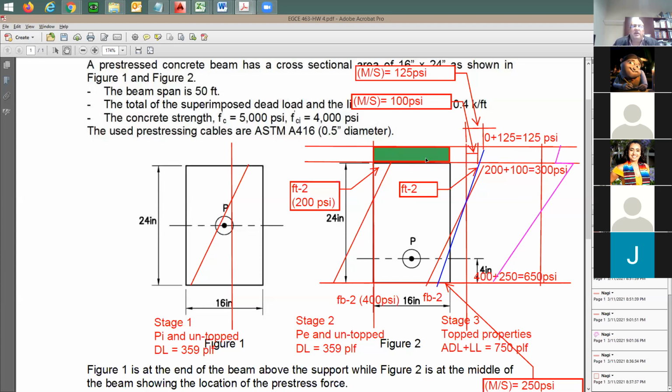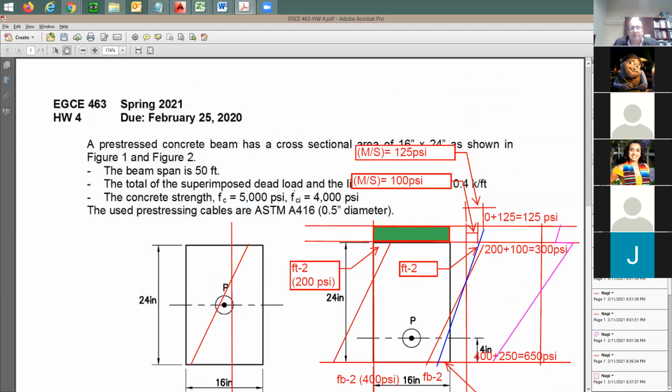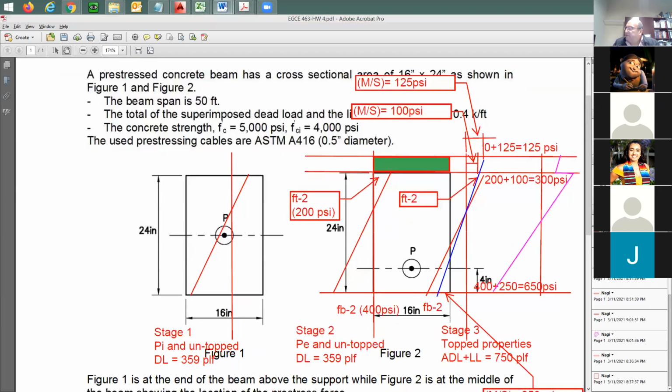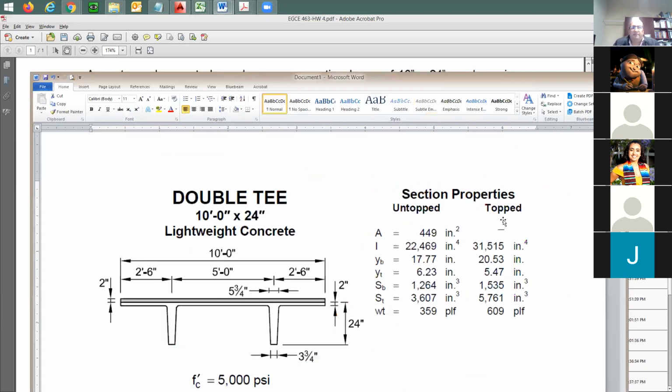Now you come here and then you add the topping. What's going to happen? It's going to be like additional weight. Also, at the same time, the section property is going to change. What do I mean by change? It's going to increase. Look at the moment of inertia. Look at S top and S bottom. They're going to go up. Okay, good.